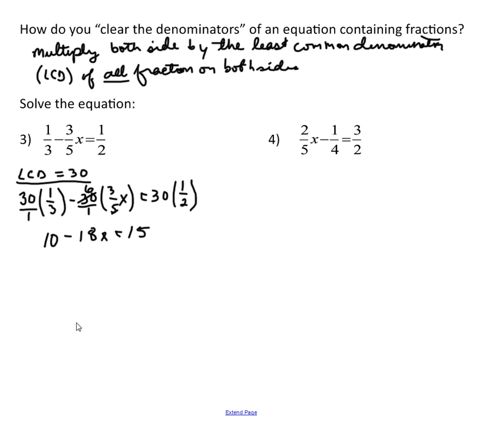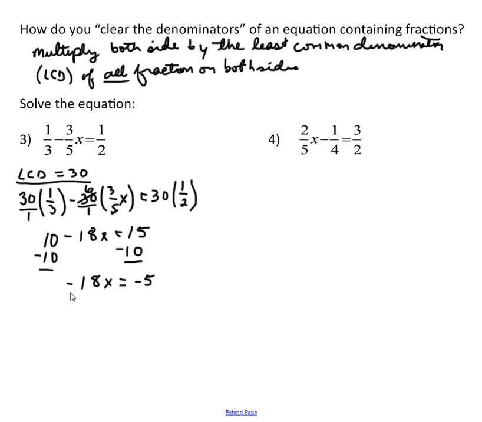So now we've got a brand new equation, but this is similar to the ones that we've been dealing with in the last presentation. So we subtract 10 from both sides to isolate our variable term. Subtract 10 from both sides. We end up with negative 18x equals negative 5.